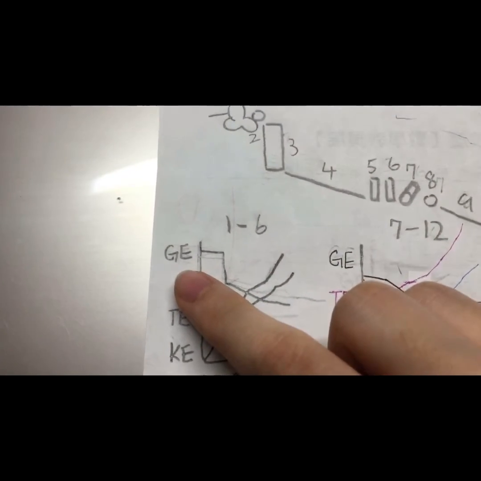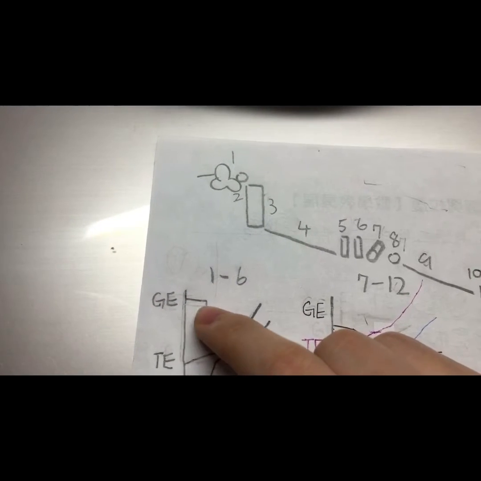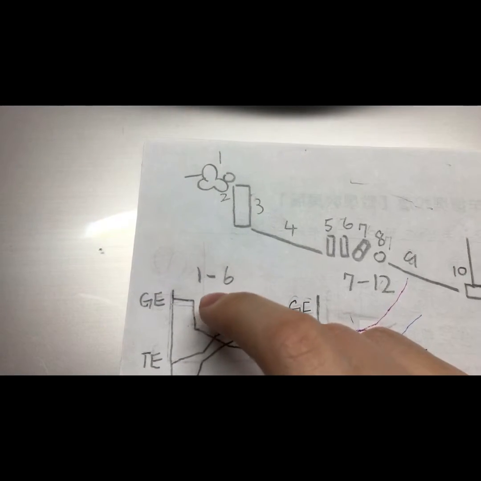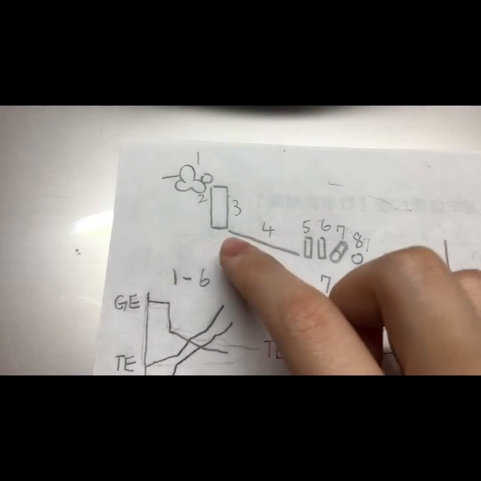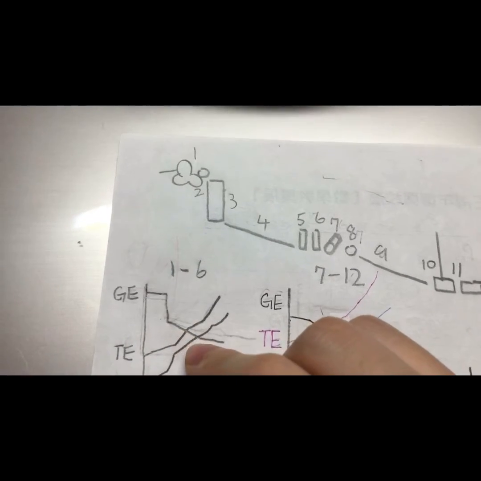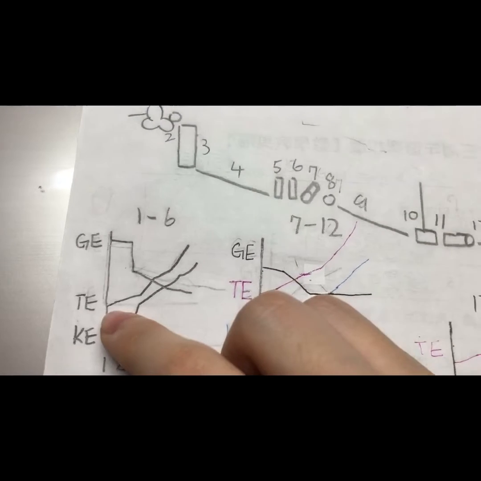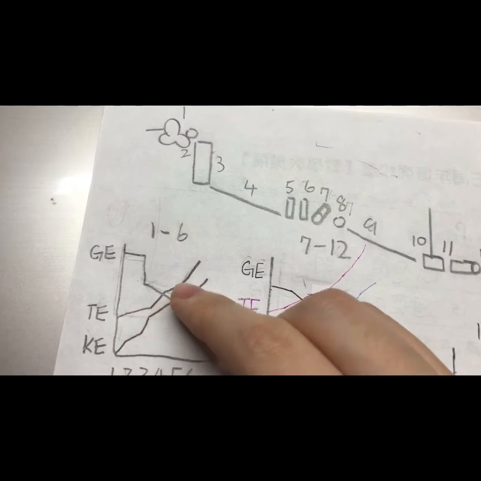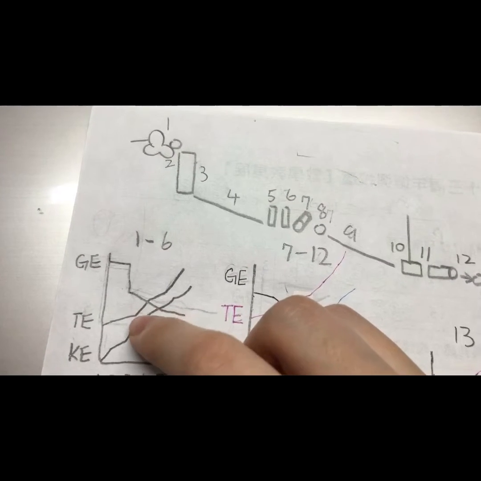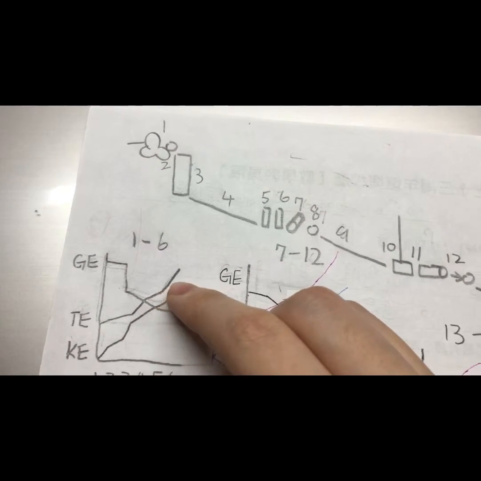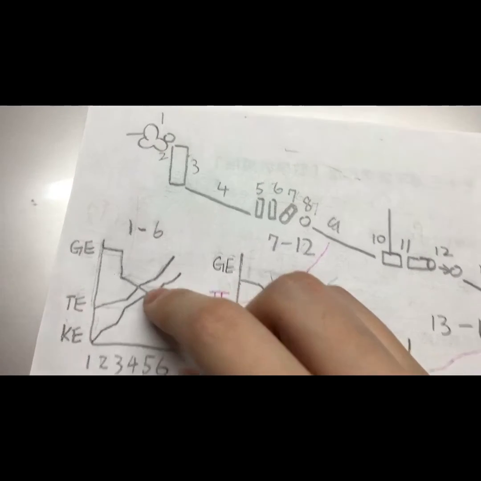Here it's the gravitational energy, and for the first step, it will just roll flatly. And then it will go down straight in a pipe, and then it will go down a ramp, and then the dominoes will fall down too. The thermal energy will also increase, but it especially increases when it hits the ramp on the fourth step, and then it will hit the dominoes too, so it increases really high.